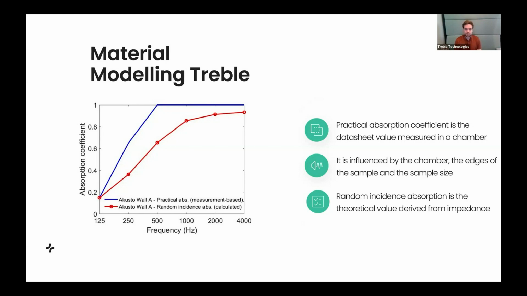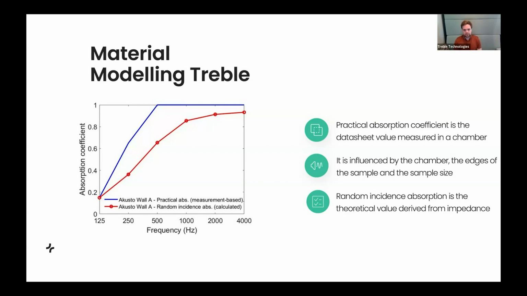But that is a process that can sometimes be difficult for some absorbers. So our material database that we have in the tool, when you select a material and assign absorptive characteristics to a surface within Treble, that material database has been set up in such a way that it is using impedance data from analytical solutions.